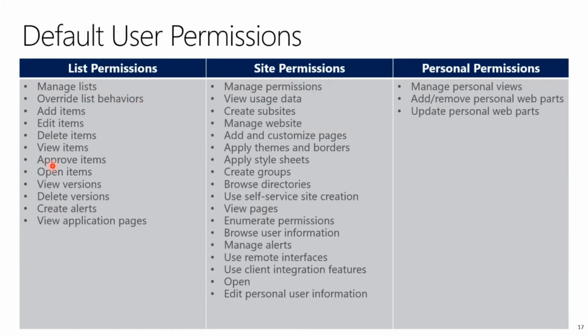For example, if I want to edit an item, maybe I need an additional or related permission added to the permission level, because without that, edit items may not work. It could be add items. All of these dependencies are also listed in that article. Okay, so I hope permissions are clear.